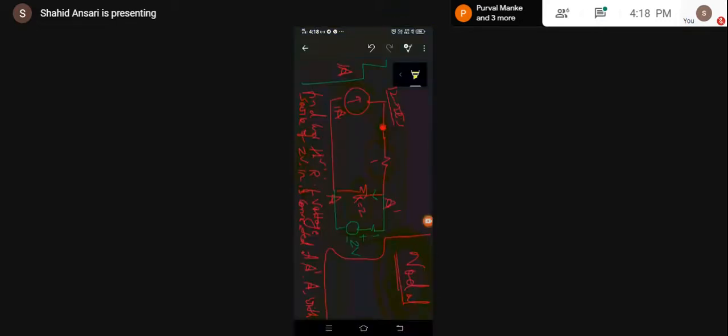Okay, so you might have got a clear idea about node and junction. In this particular numerical, I'm talking about this point. This point can be considered as a node. This point can also be considered as a node. But if this branch were not connected, then I would not be able to call this point a node.